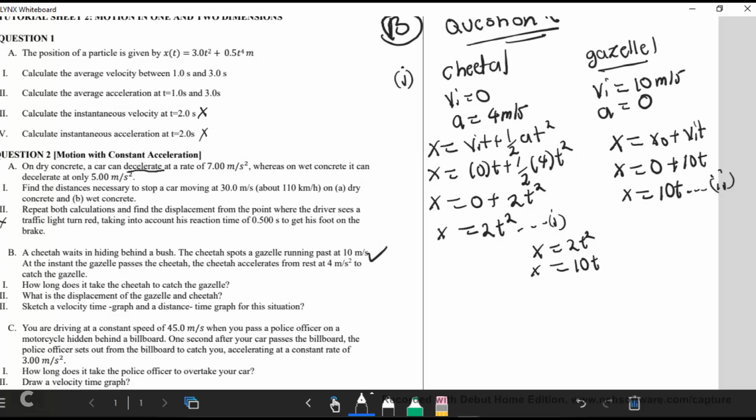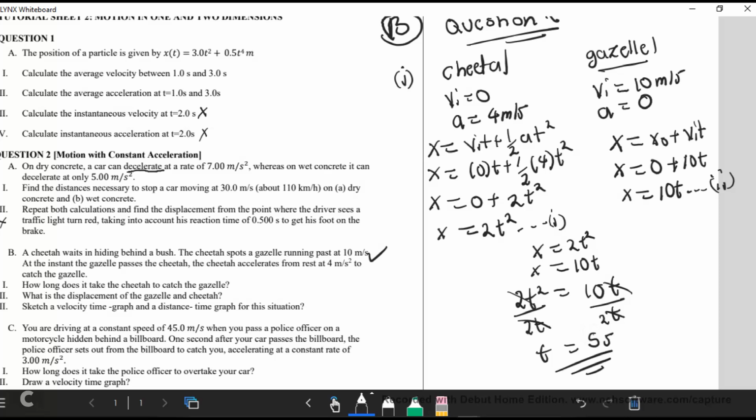So we say 2t squared is equal to 10t. We have just equated that. Now divide by 2t on both sides. This 2t squared divided by 2t gives you t, and 10t divided by 2t gives you 5. So t is equal to 5 seconds.